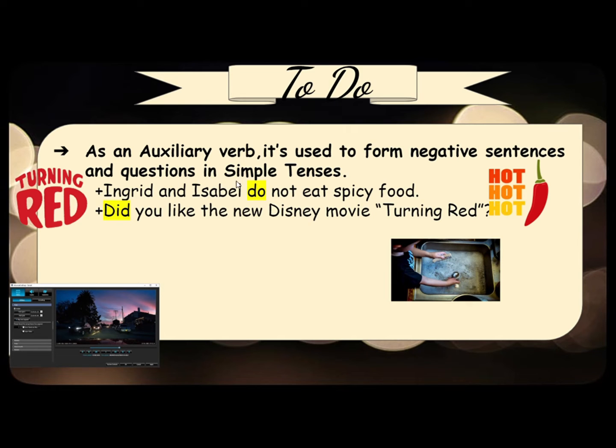In the first sentence, we use the verb to do as an auxiliary in negative form in the present simple. And in the second one, we use the verb to do as an auxiliary in question form in the past simple.